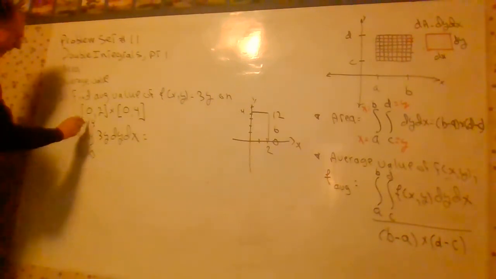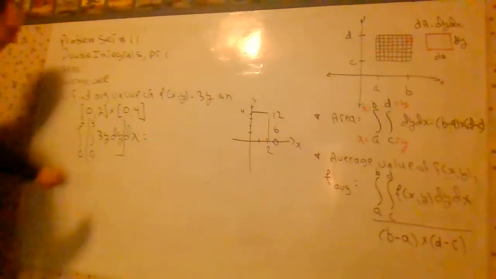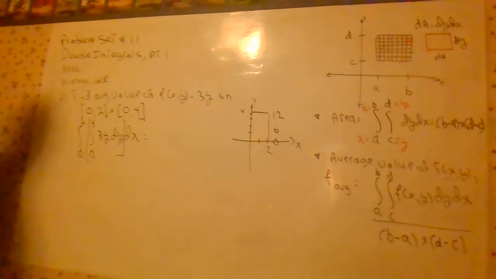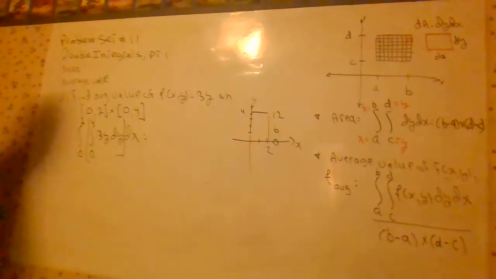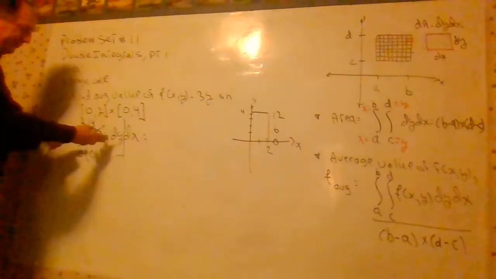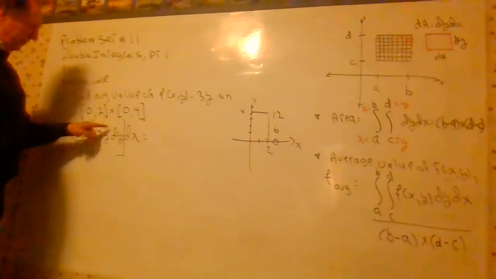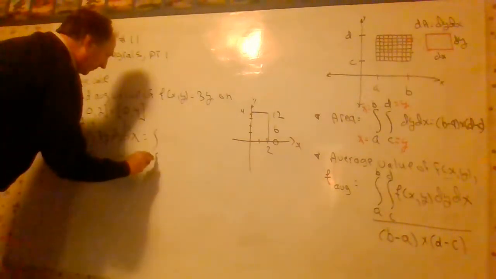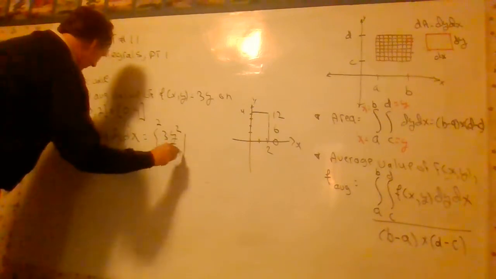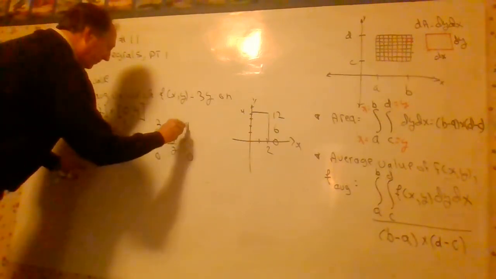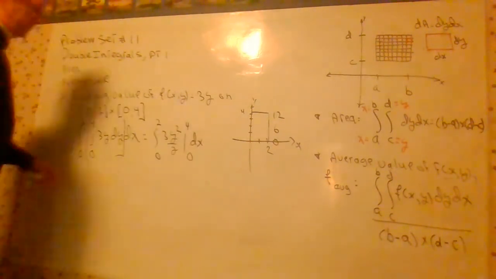Okay, now we integrate on the inside. And we're going to integrate 3y dy. It's just an anti-partial derivative. There's no x here, so it's just a normal integral, actually. You get 3y squared over 2, integral 0 to 2, 3y squared over 2, and that's from 0 to 4, dx.